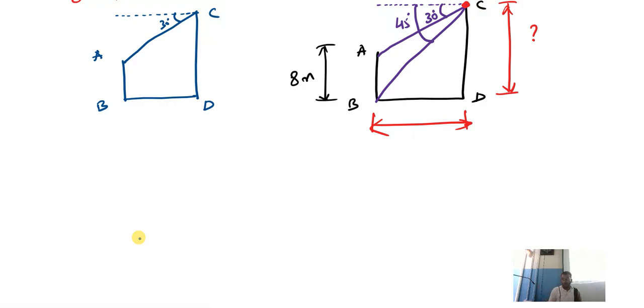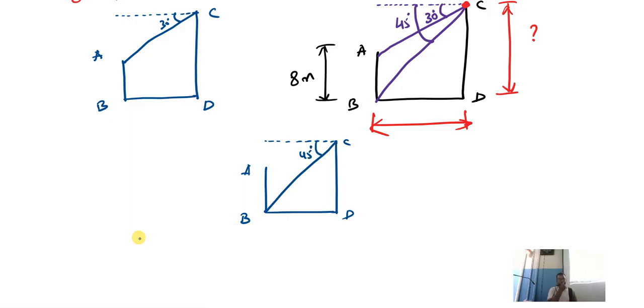One more triangle I will draw here. AB, the multi-storied building, let me say CD. For the second angle of depression, before you draw, draw one horizontal. So this is my 45 degree. Correct? Understood?